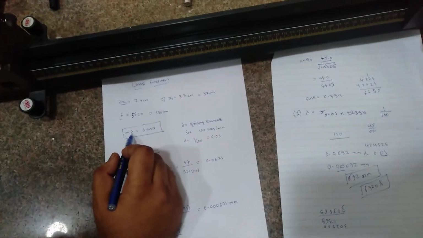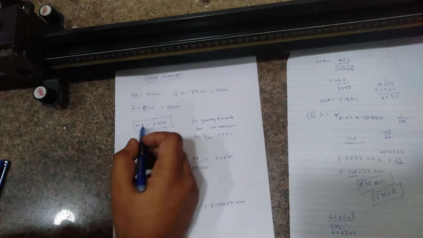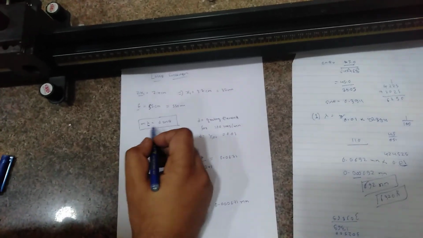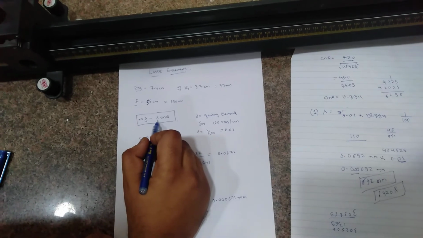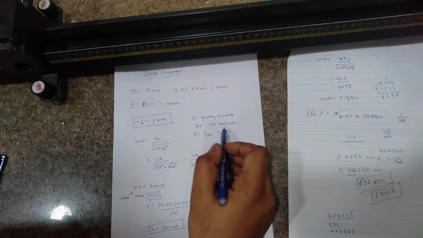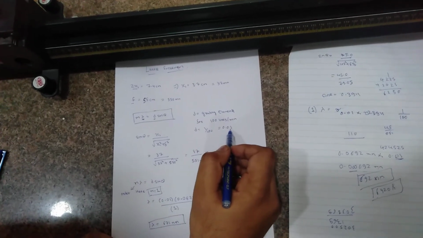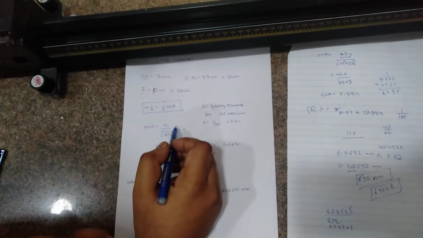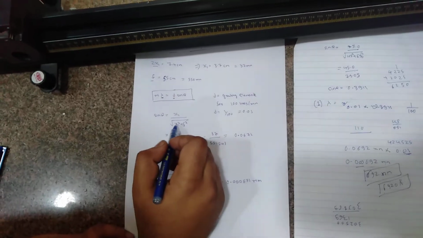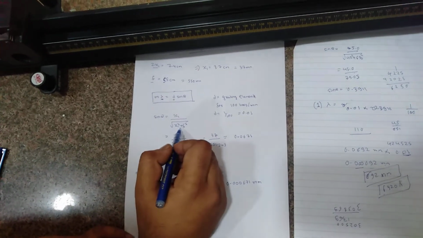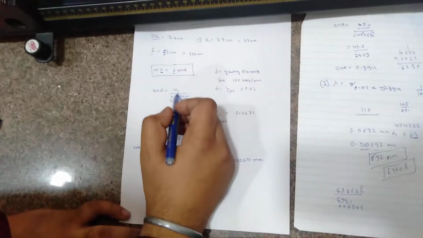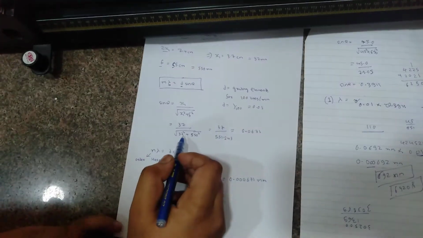Lambda is the wavelength of the source, which is what we have to calculate. d is the grating element; for 100 lines per millimeter, d is 1 by 100, so it is 0.01. To calculate sine theta, the formula is x1 upon under root of x1 square plus f square, where x1 and f we have already seen how to calculate.